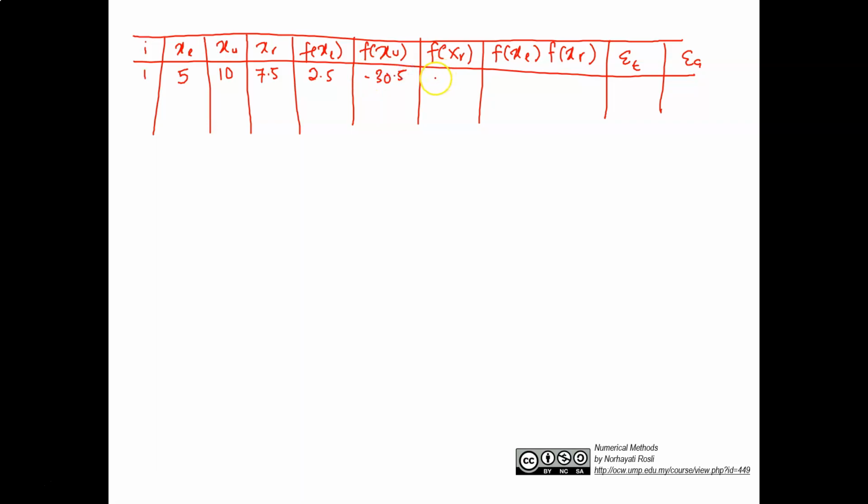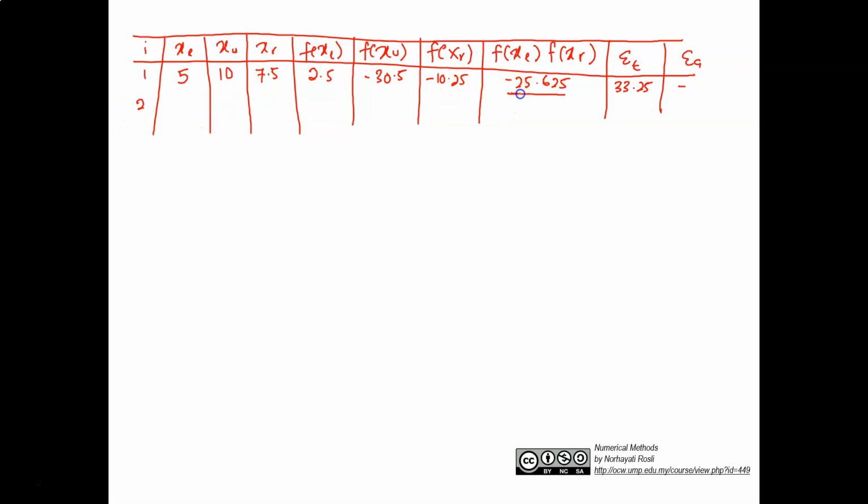Function of XR equal to negative 10.25. And then class the multiplication of this one and function of XR, you can see here it is negative 25.625, and you compute epsilon t previously 33.25%, but epsilon a we unable to compute. And then we go to second iteration.